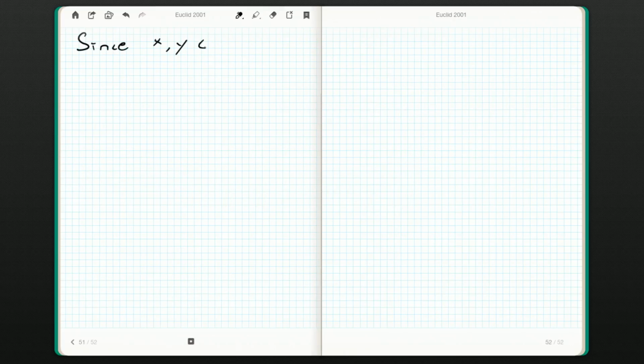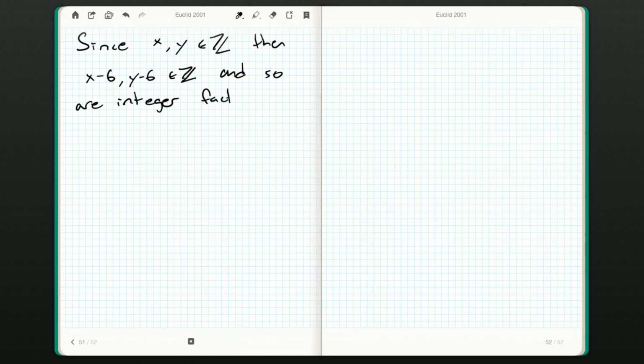So since x and y are integers, then x minus 6 and y minus 6 must also be integers, because if you subtract two integers, you still get an integer. So they are integer factors of 18. So what are the factors of 18?